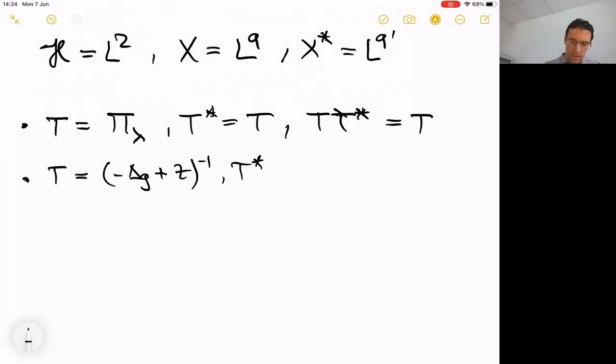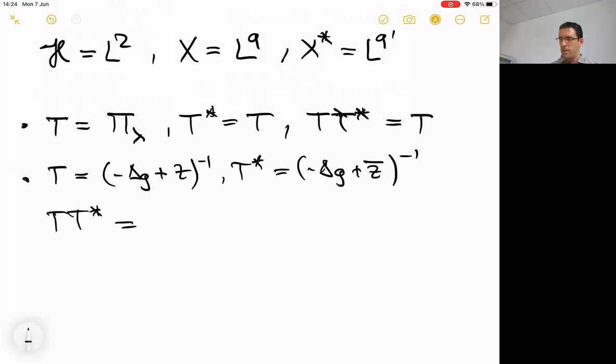We have T star, which is just the resolvent but with the complex conjugate instead, and TT star is the product of resolvents, and then you can use the resolvent formula, and it gives you basically 2 times the imaginary part. Maybe there is a sign there, I'm not sure, but never mind. The inverse of that, then the difference between the resolvents.